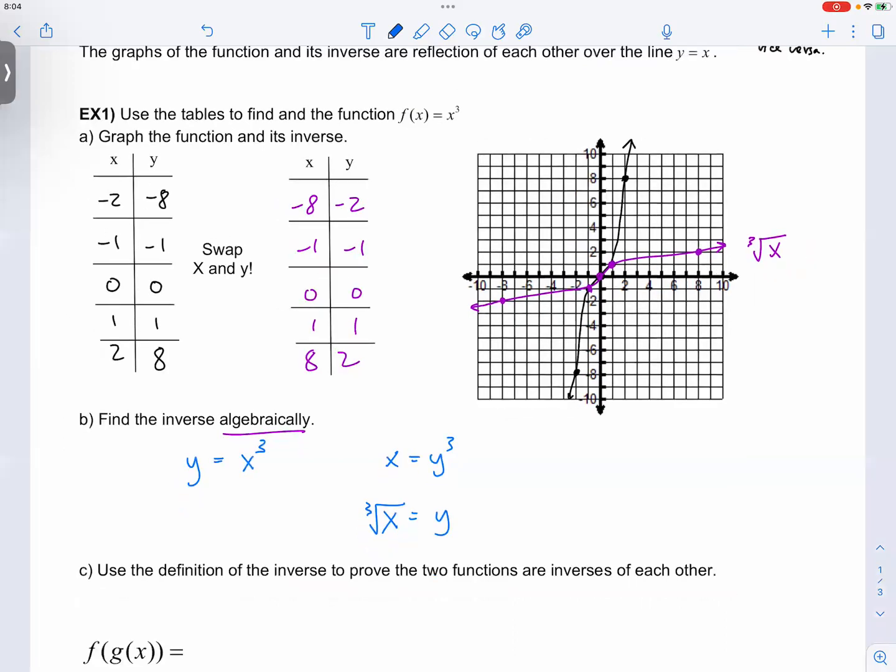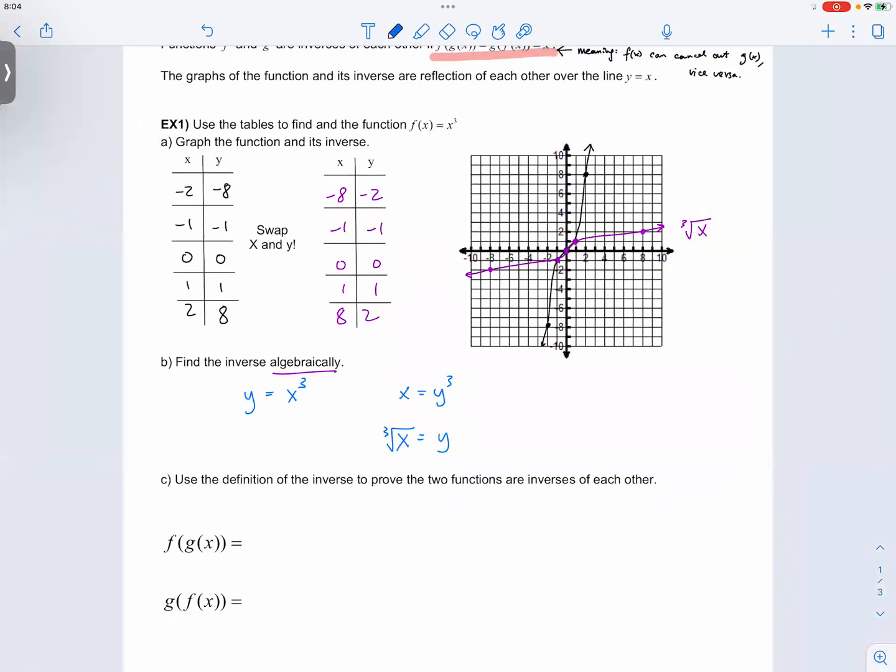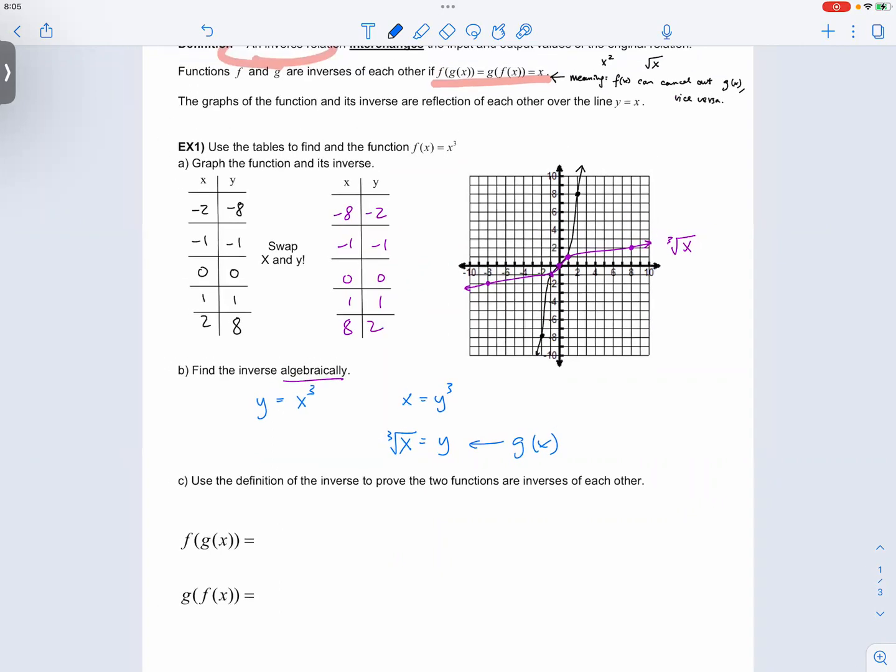We're just going to get you started with the routine. And then we say, all right, go ahead and use the definition. Again, we're going to assume this to be our g of x, so we are not confused.